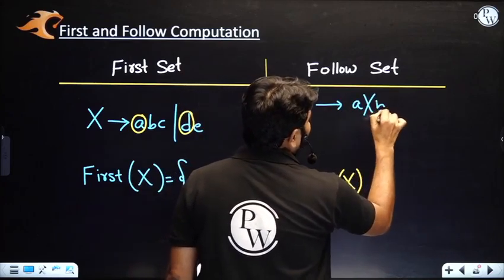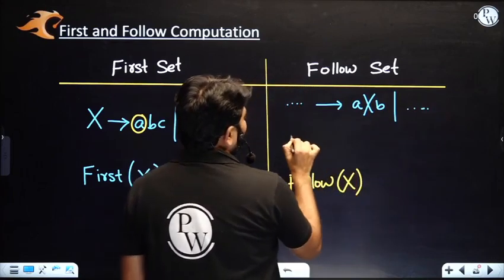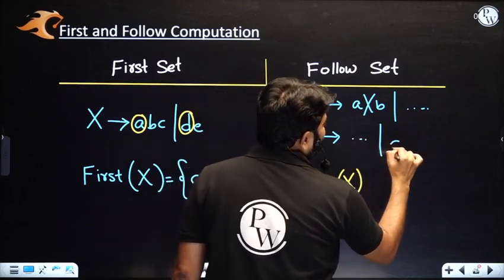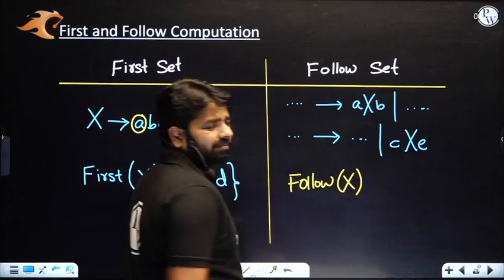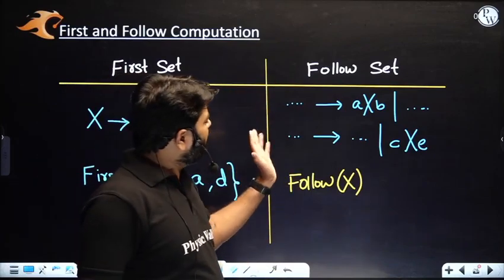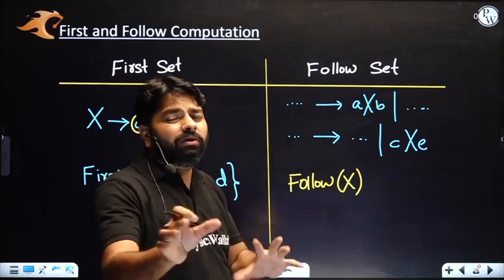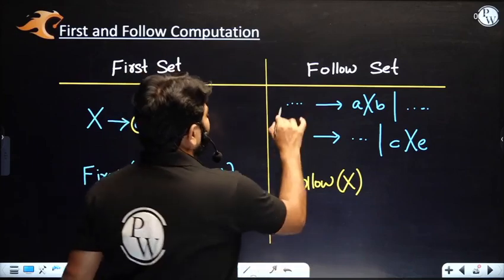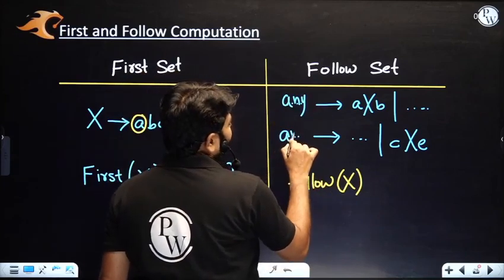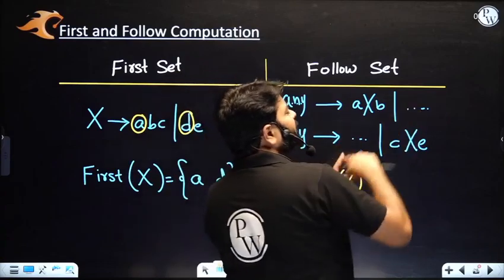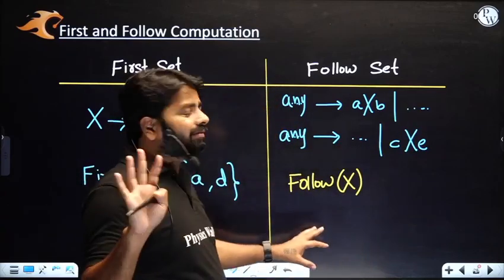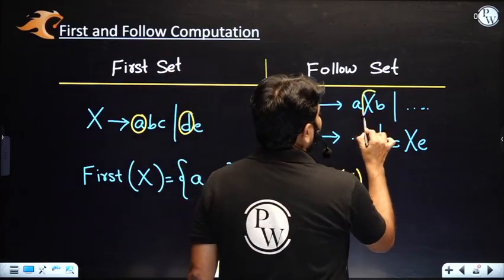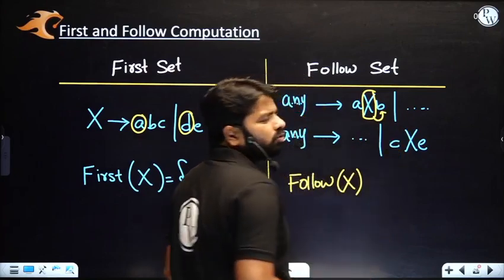Something like A X B here, and here something like C X E, where the other parts could be any non-terminals but contain no X. Then how do we compute the follow of X? Here X is there, who is after X? Small b, but do you see always a terminal here?